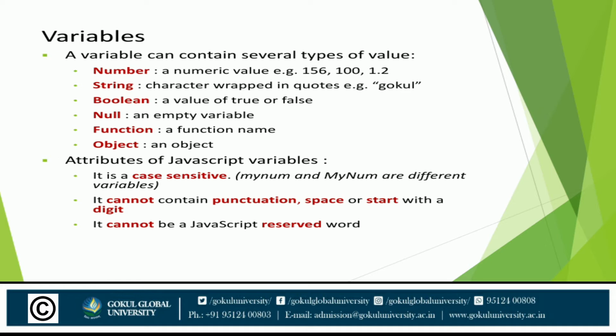It cannot contain punctuation, space, or start with a digit. It cannot be a JavaScript reserved word. A variable is user defined at runtime, so it should not contain the reserved words of JavaScript.